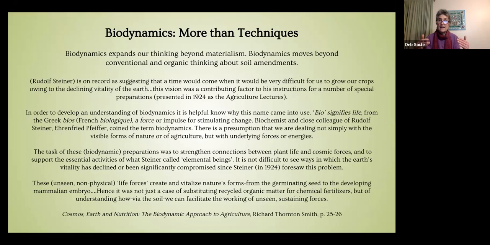So I'm wanting us to expand the understanding of soil beyond just thinking about the materialism of soil, because we're really looking to understand, as I said, these forces that are in the earth and that are radiating from the cosmos, and that we all know that we are influenced.